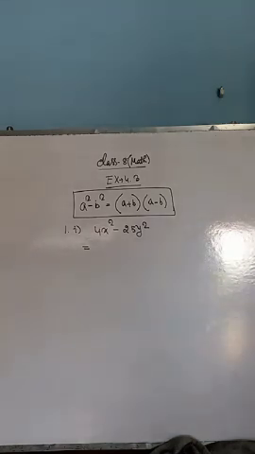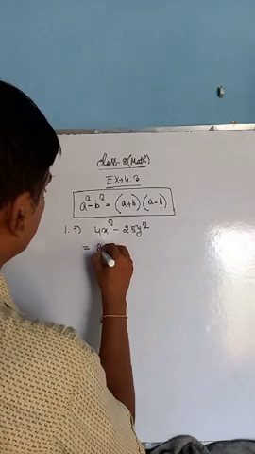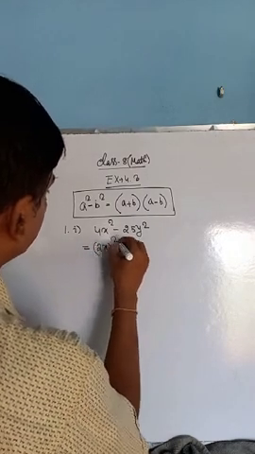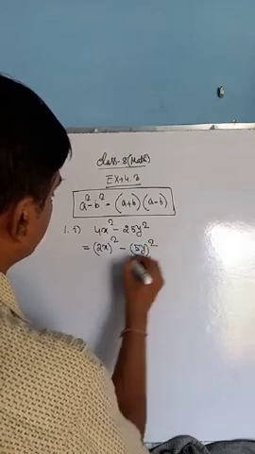So you see 4 and 25. Is any common figure possible? No, no common figure is possible. Then how can I do that? 4x square means 2x whole square, and 25y square means 5y whole square.